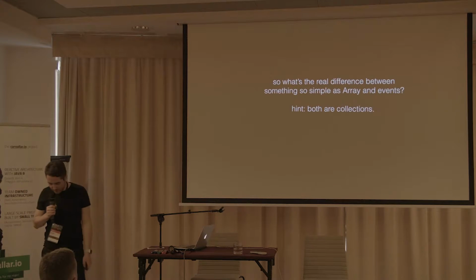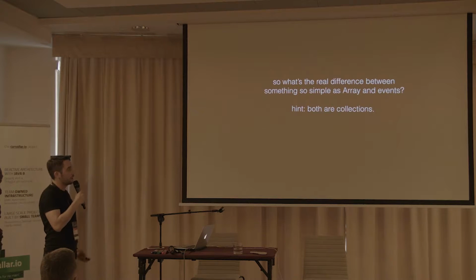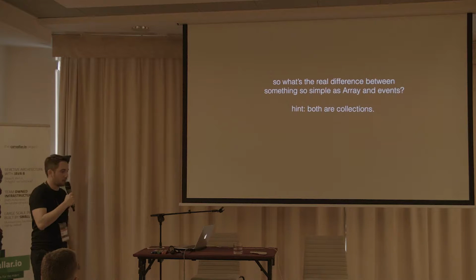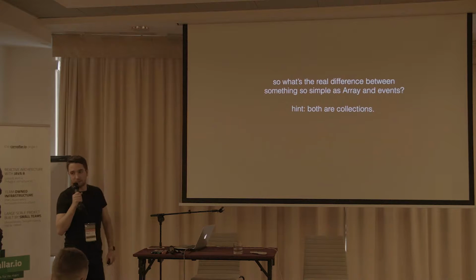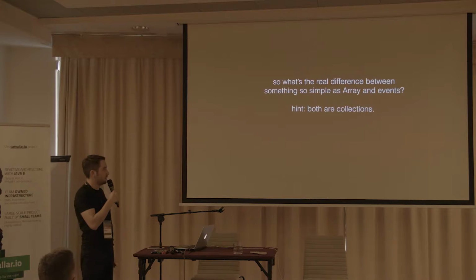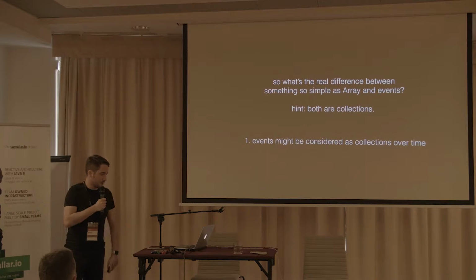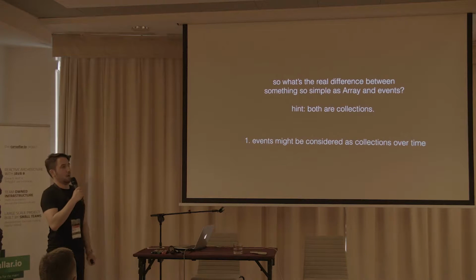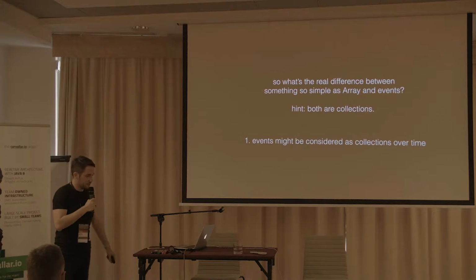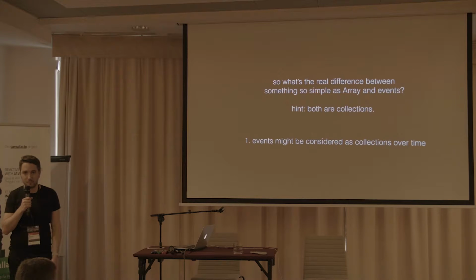So there is this question: what's the difference between an array, a static collection, and events? Both are collections, basically, and this will have a meaning when it comes to operators. Events in reactive programming can be considered collections of stuff that is asynchronous, that happens over time.